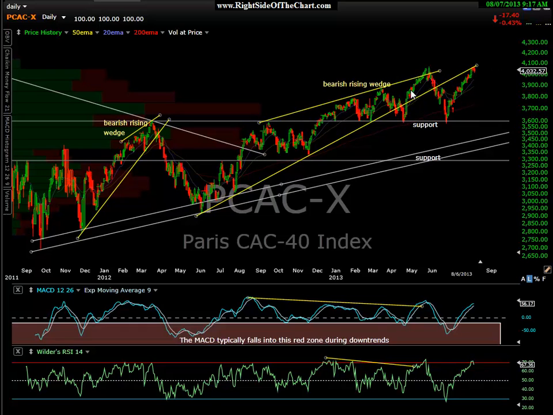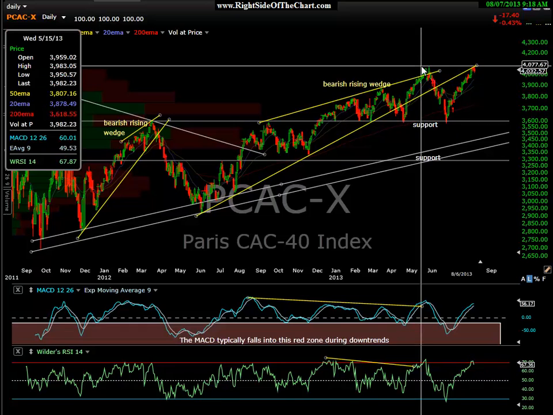Prices bounced sharply back within the wedge all the way up to make a slight overshoot at the top of the wedge, but the divergences persisted, and boom, we had a very sharp correction, once again back down to that support level. So I'm still focusing on this wedge pattern here. It's been sliced through a few times here at the end, but we have enough tags on this yellow uptrend line to give it some validation still, and prices are now backtesting and challenging that trend line while also challenging these previous highs.